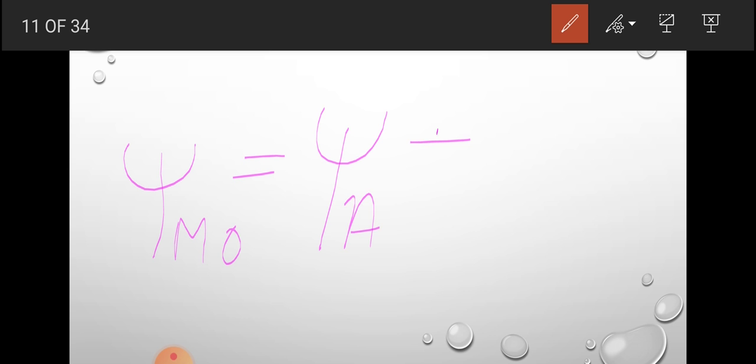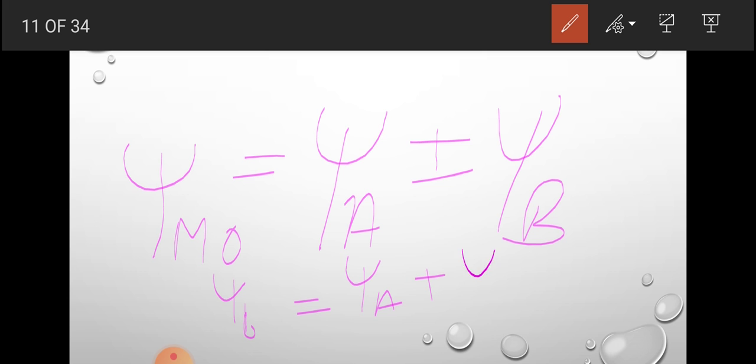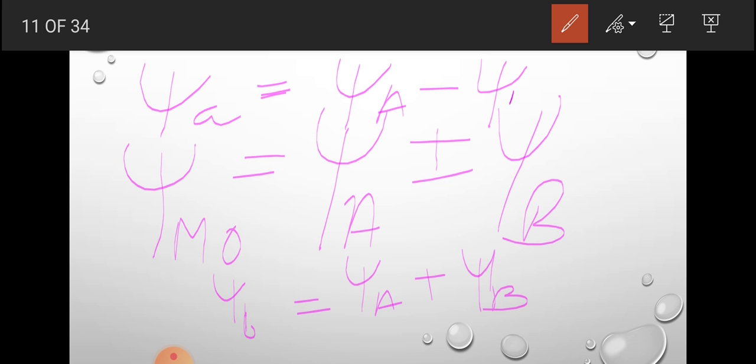Psi A plus minus psi B. Okay, for bonding molecular orbital, psi B is equal to psi A plus psi B. I hope you remember. And for anti-bonding molecular orbital, psi A is equal to psi A minus psi B.